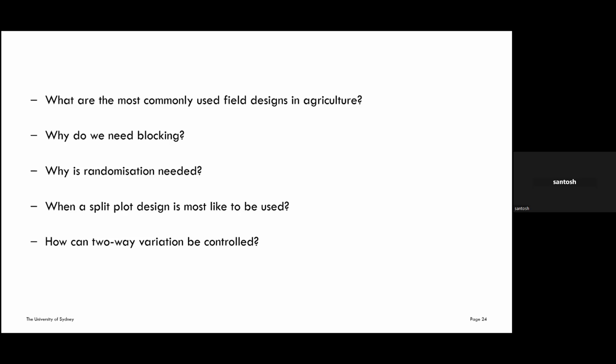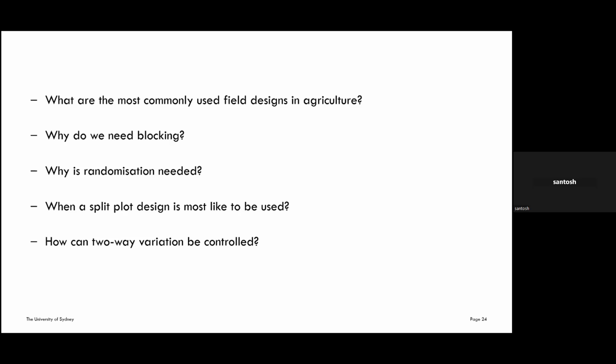I think I explained already. Blocking is done to minimize the environmental variation. And why is randomization needed? If it is not randomized, then it will be biased. The human eyes are biased. So if you don't randomize, the experiment has no validity.